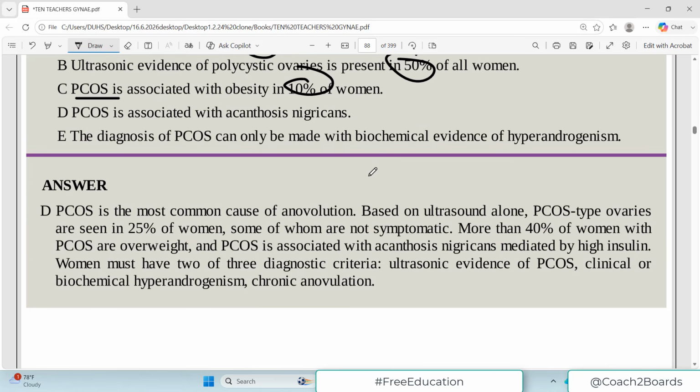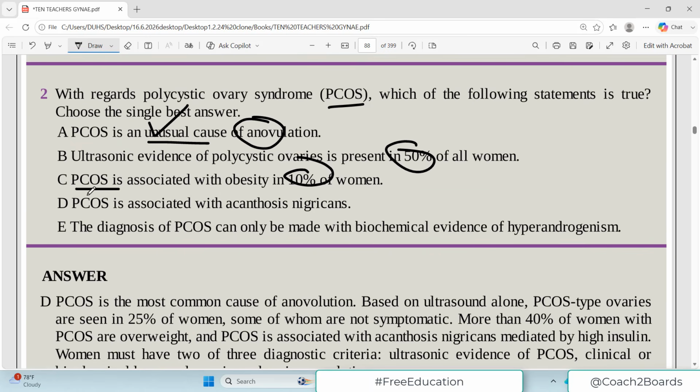No, obesity is seen in more females, roughly half of the females. PCOS is associated with acanthosis nigricans. This is absolutely true. In the flexure folds, darkening of the epithelium. The diagnosis of PCOS could only be made by biochemical evidence. No. There are clinical features and there are biochemical. So the only correct answer here is D.